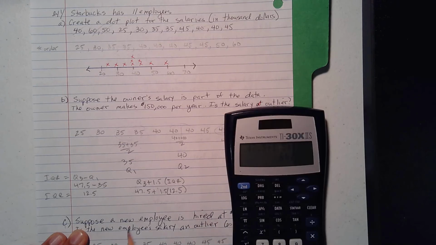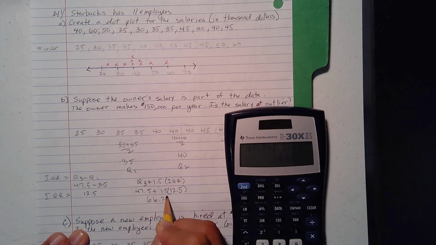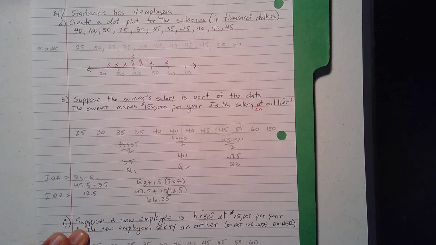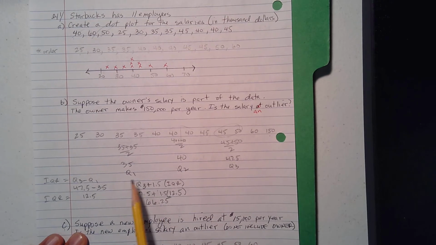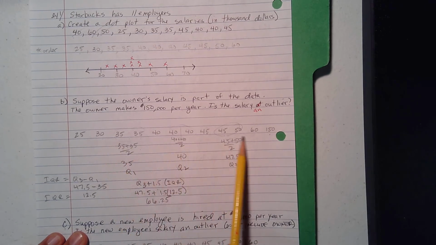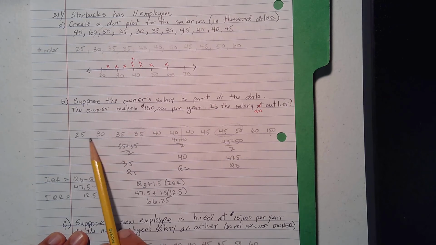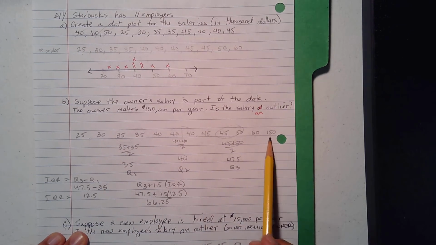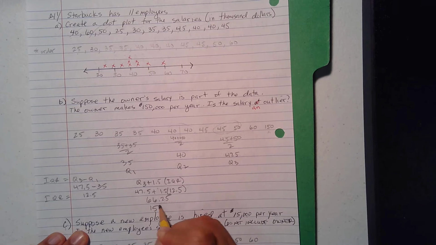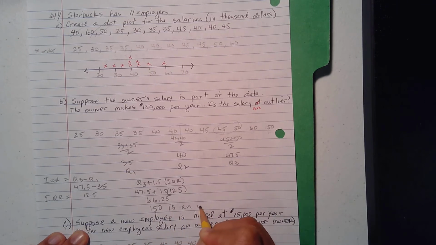That equals 66.25. So let's check. Are there any numbers greater than 66.25? And it's right here. So 150 is an outlier.